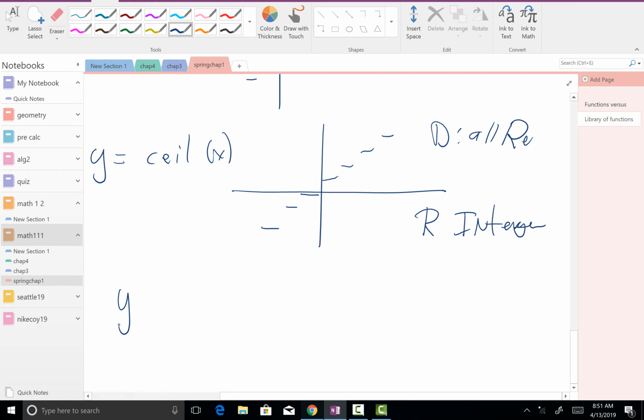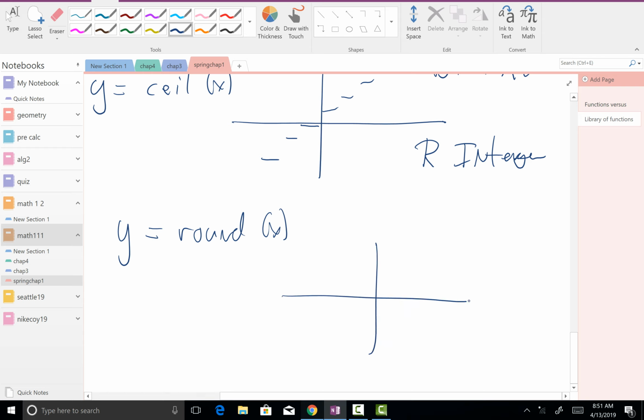And then round. See if I can do this one kind of right.